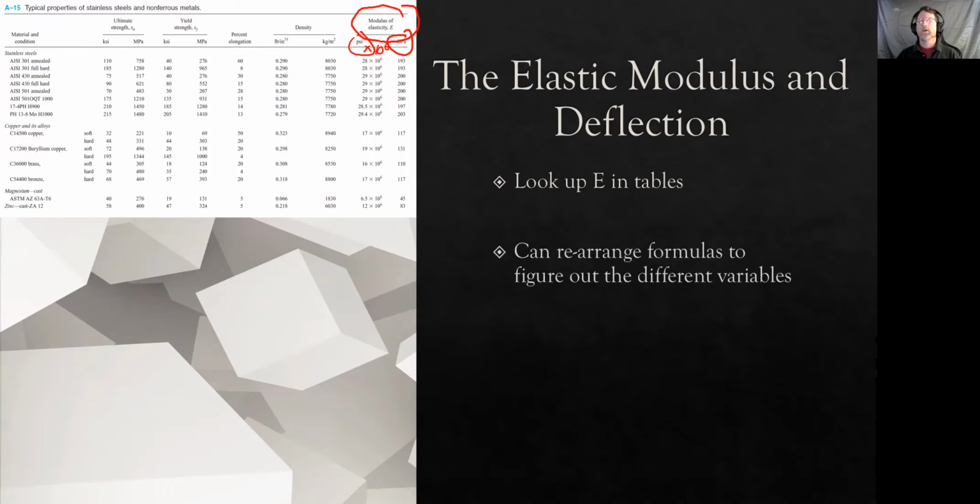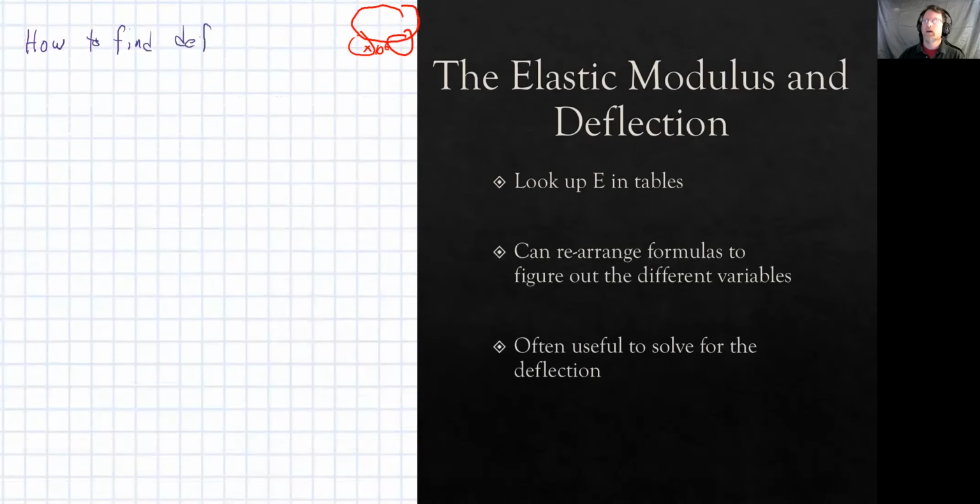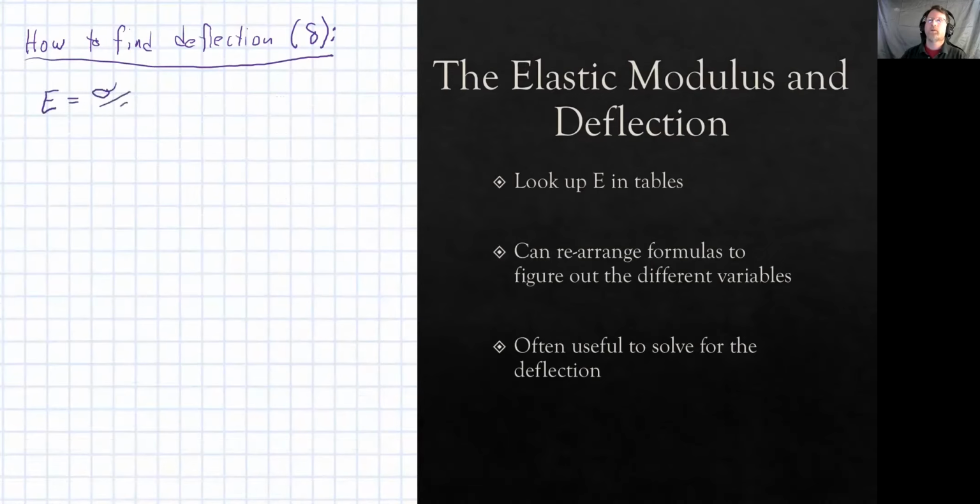Okay, so we can rearrange those formulas that we just went through to figure out the different variables. That's how we're going to find the deflection. And deflection is really easy and important to work with. To find the deflection, we're going to start with the definition of the elastic modulus. Rearranging it, it's actually very common to show it like this, where stress equals the elastic modulus times the strain.